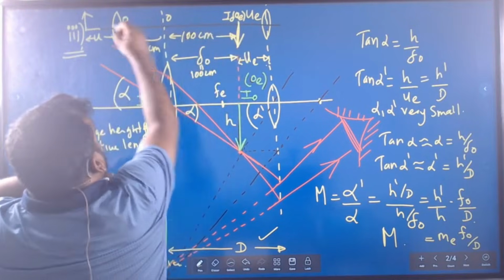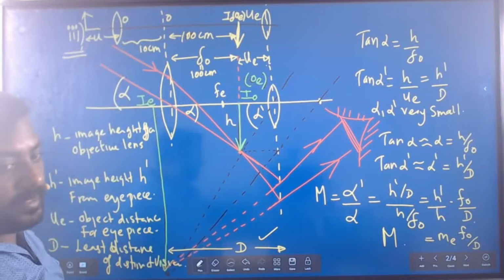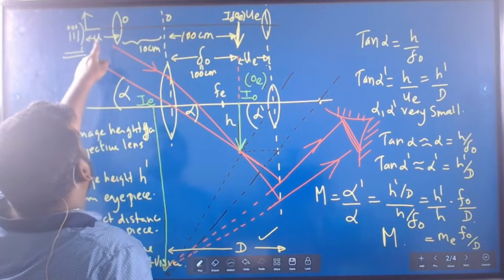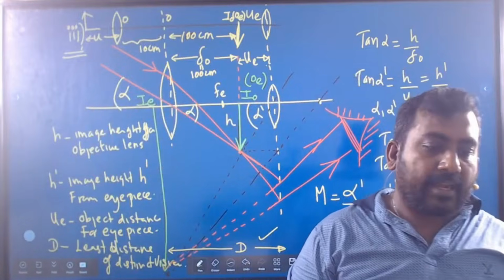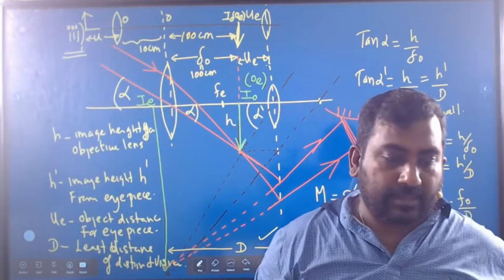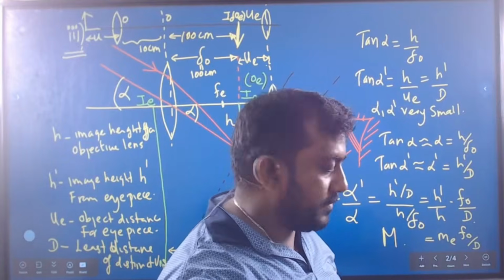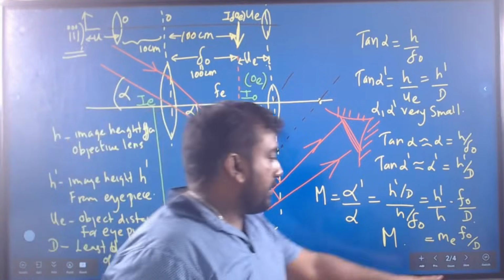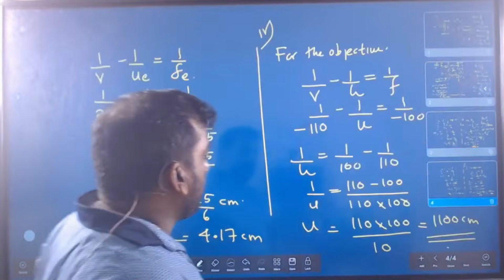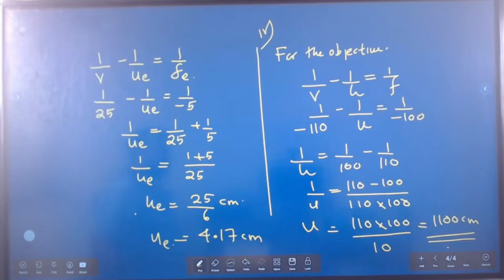Image distance 110 means you can find the object distance. So good essay question. Hopefully you learn from it. Is it clear? And there you go, your final relationship.